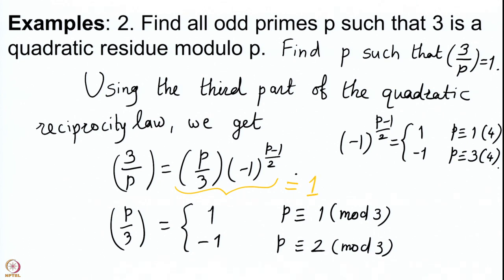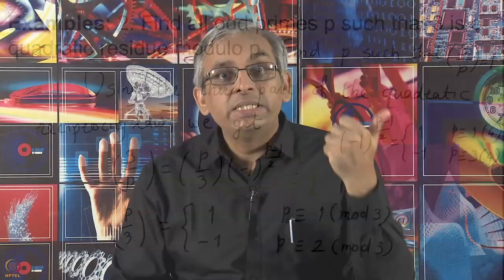Then this can be 1 when you have this equal to 1 and this equal to 1. So, there are two conditions on p, that p has to be 1 mod 3 and p has to be 1 mod 4. And we use the Chinese remainder theorem. If you remember the result that we have proved in earlier parts of our lectures, if you have this congruence modulo 3 and modulo 4, 3 and 4 are both co-prime, therefore modulo 12 there is a unique residue class, that is the congruence class 1 mod 12.